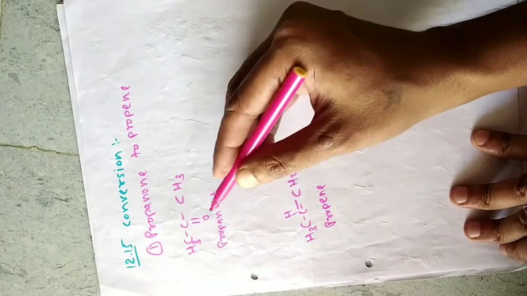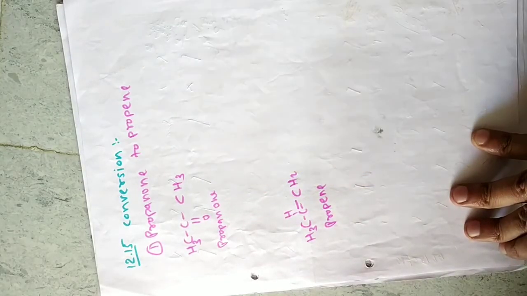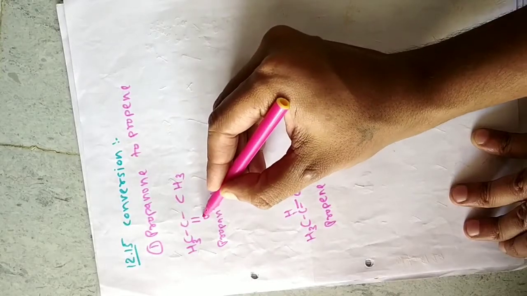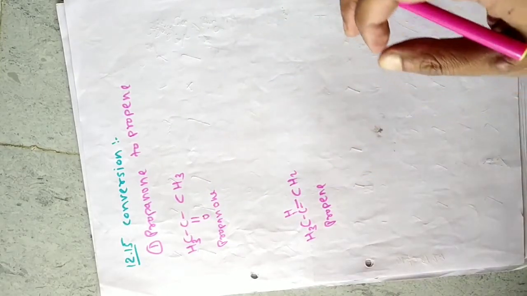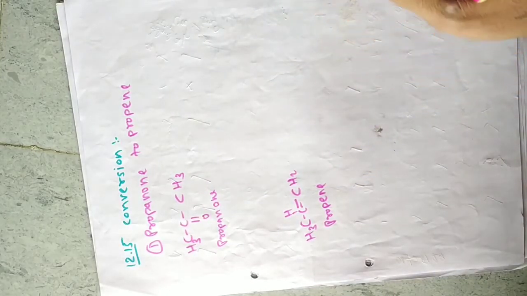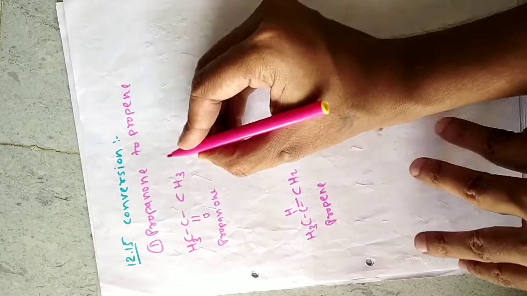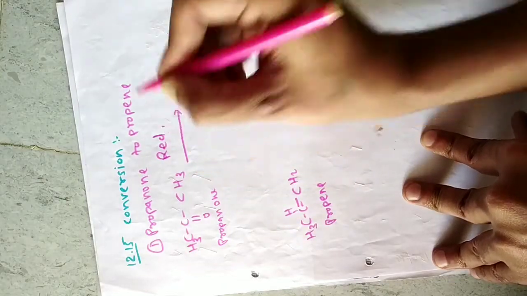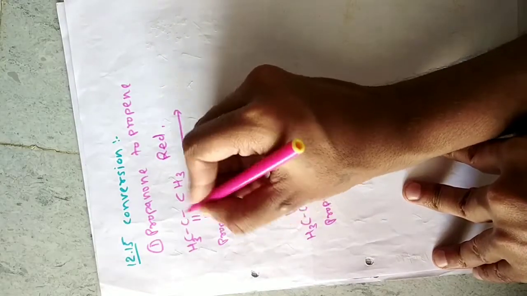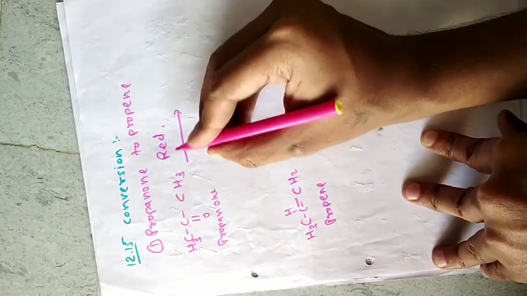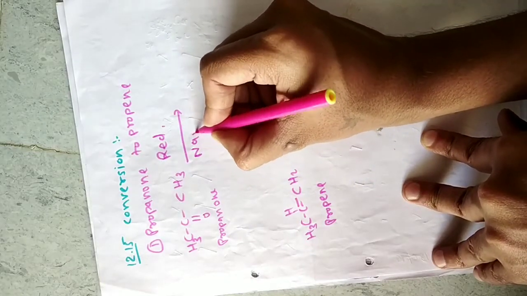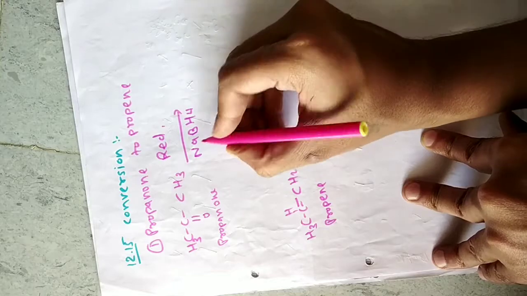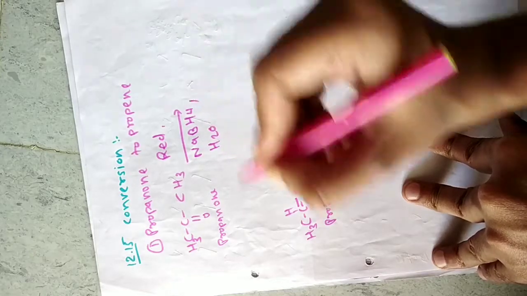Here you can see oxygen is missing, so it is a reduction reaction. We have to apply some reduction reaction here. Now this is a ketone, so for a ketone we can use sodium borohydride as the reducing agent.